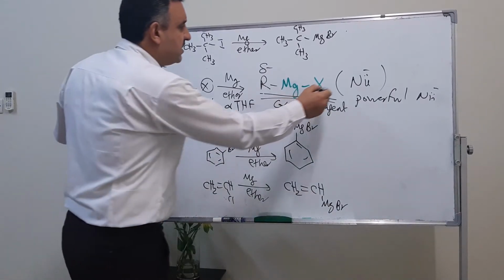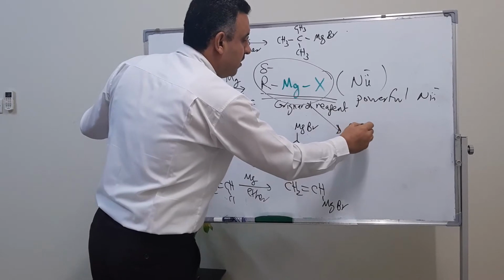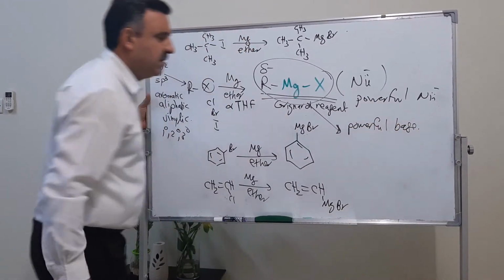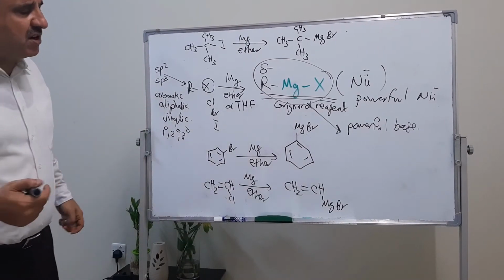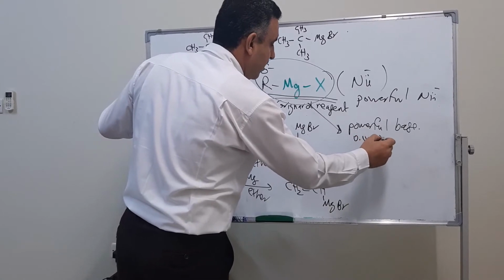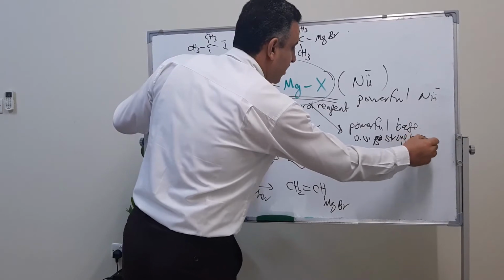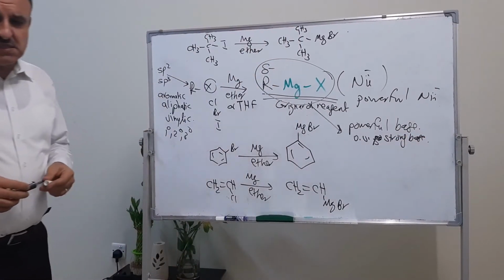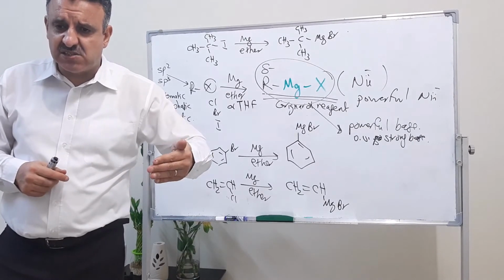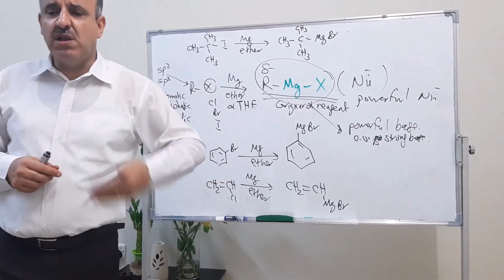Now at the same time, it has another behavior. The Grignard can be considered a powerful base. Do you follow me? It is a very, very powerful, strong base. Which means this reagent, in the presence of any traces or any slight acidic hydrogen, will decompose.